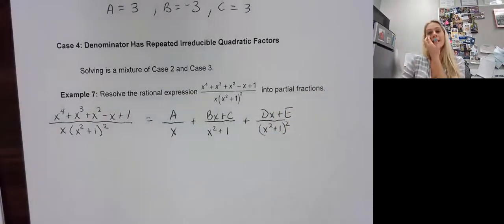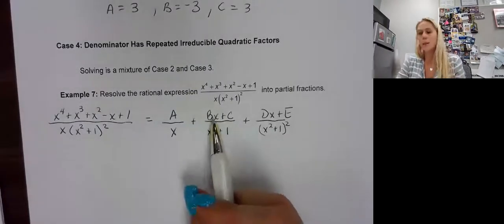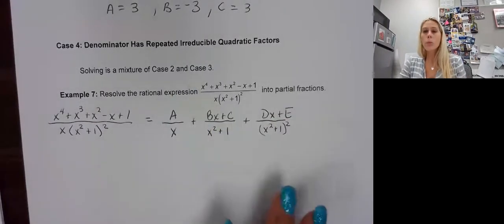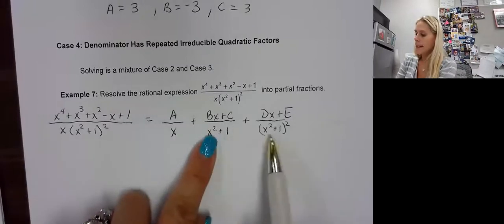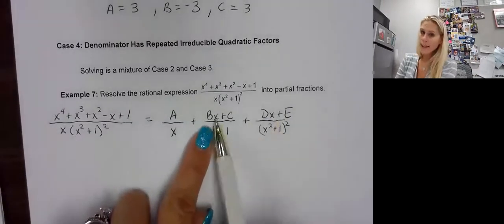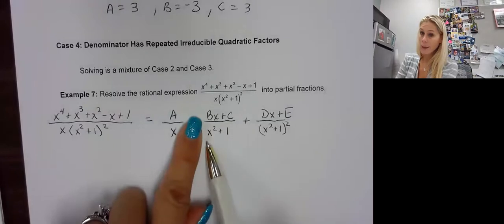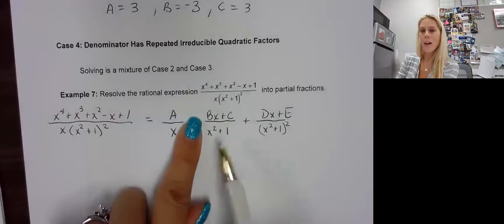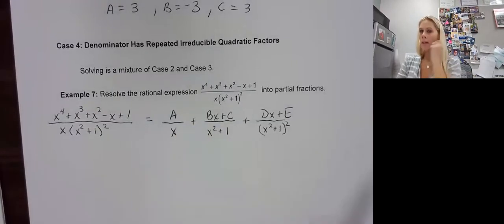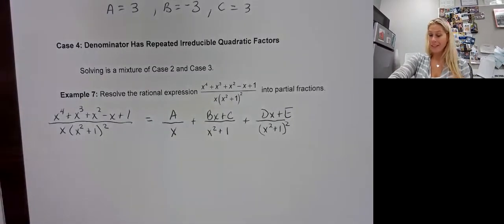Yes, we went out to d and e because we already used b and c. So this is what it's going to look like. This right here is because of the multiple, and this is because we're dealing with an x squared on the bottom instead of an x to the first. All right, ready? It's a long one.